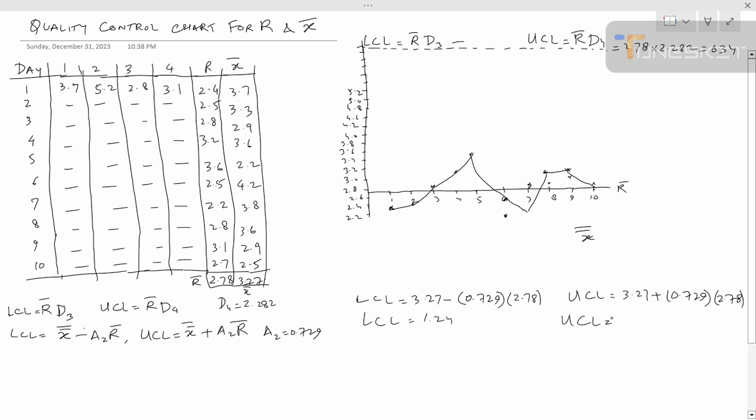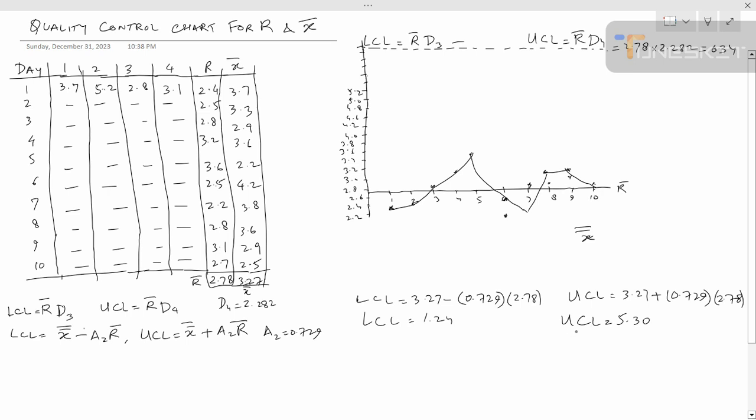And UCL we can take as 3.27 plus 0.729 times 2.78, which is 5.296. So this can be rounded off to 5.30.